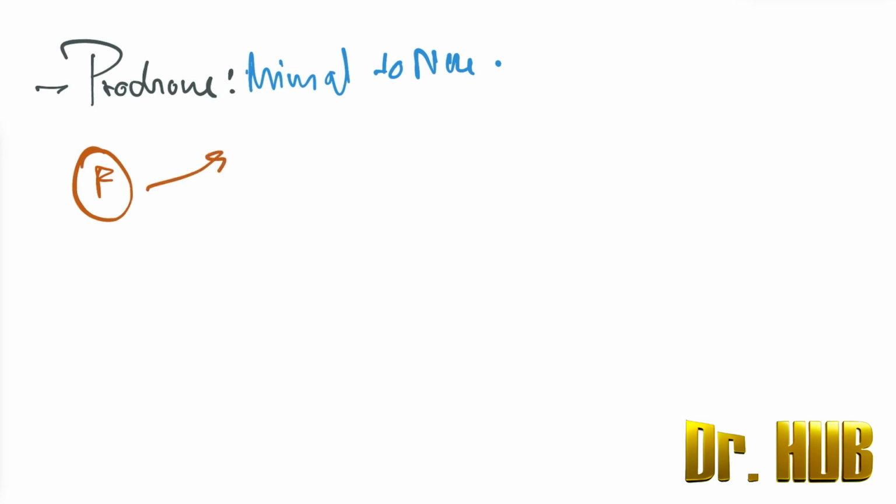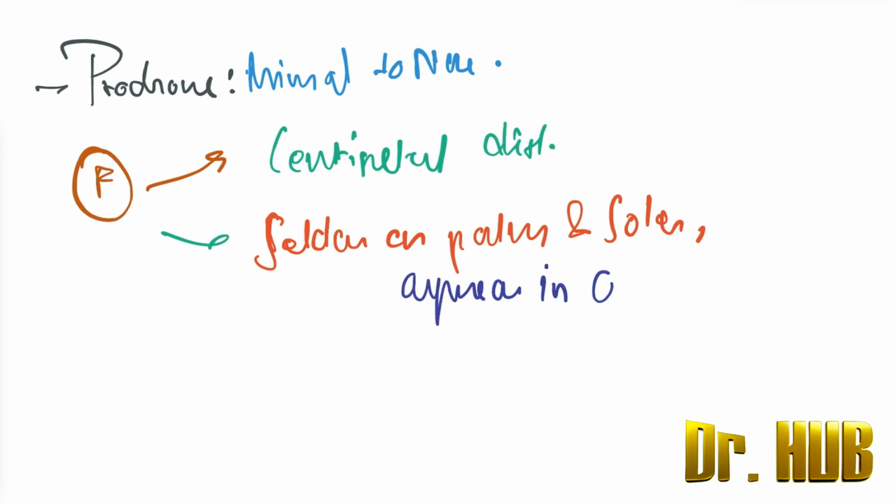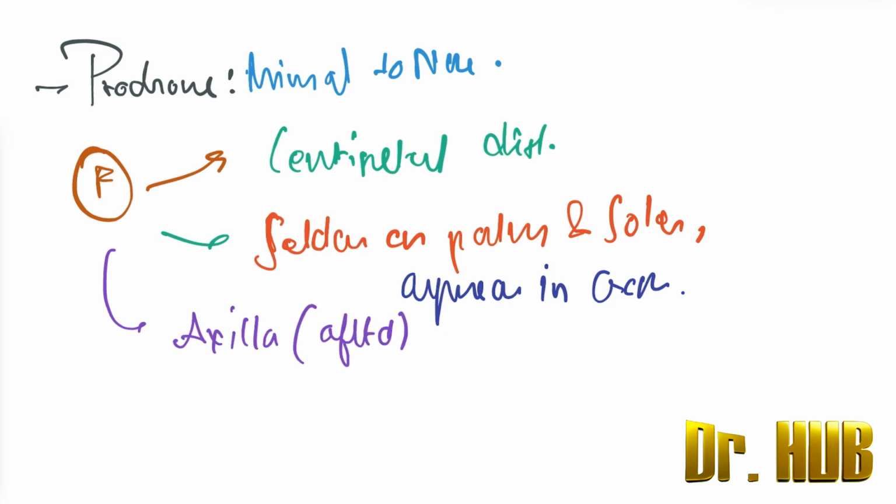The rash will be centripetal distribution, and it is seldom on palms and soles, and appears in crops. Next, the axilla is affected, and the rash is present on the flexor surface.